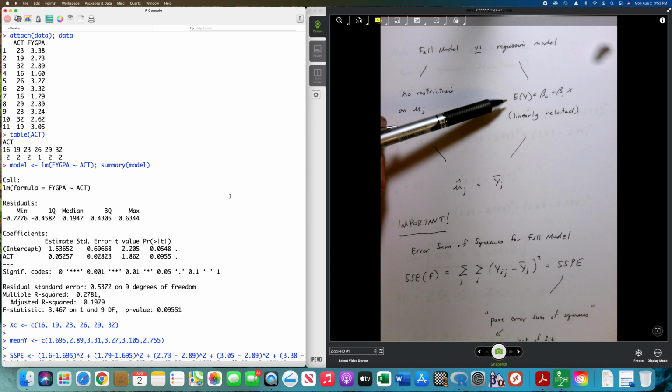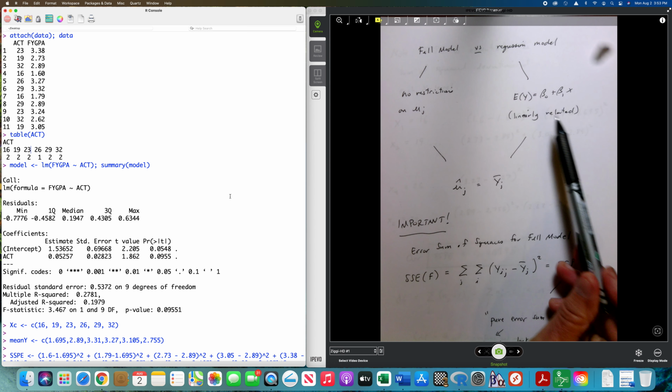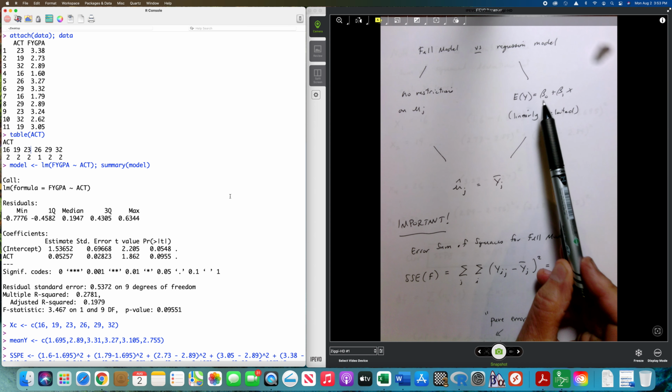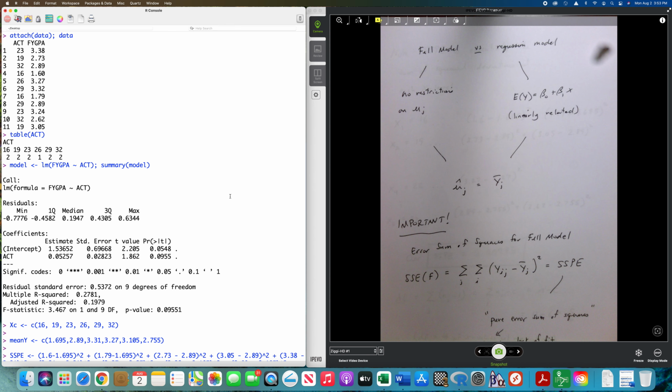But in the regression model, we of course have our expected value for y as a linear function of some intercept and some slope. So at the end of the day, drum roll please, the predicted value for the mu sub j is just the mean of the y values at that particular level j.